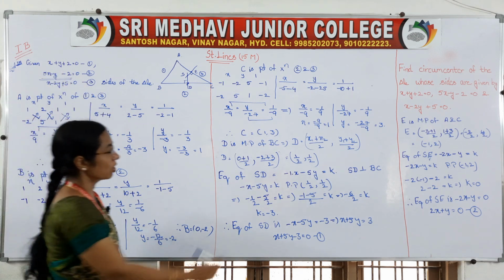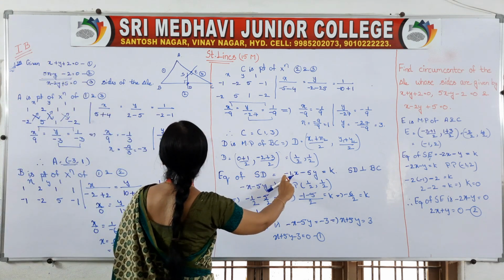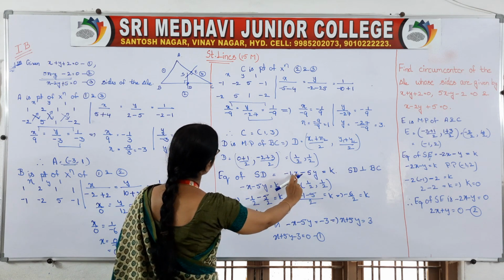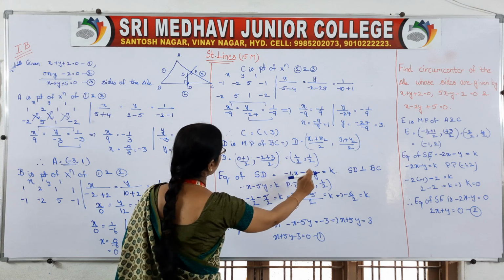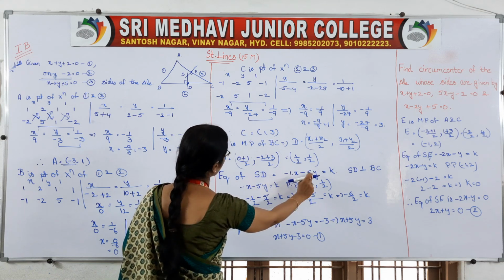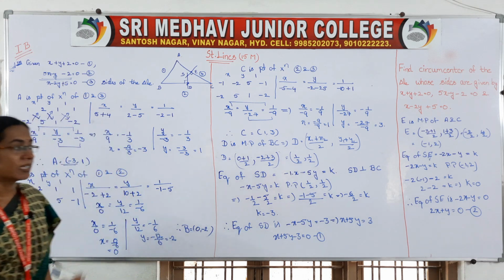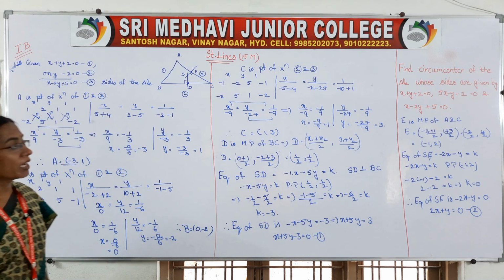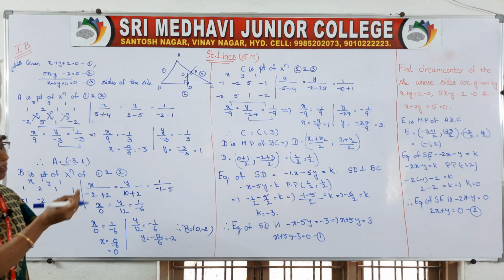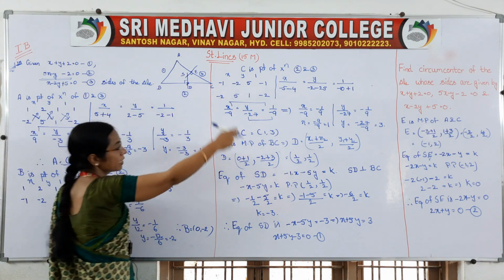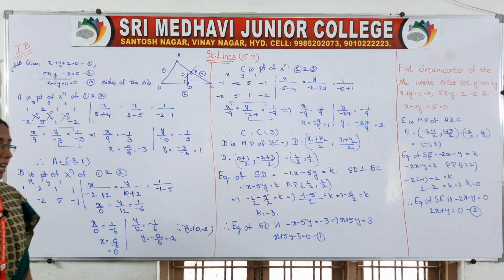If you observe, the y coefficient is minus 1 and the x coefficient is 5. So the y coefficient comes with x and the x coefficient 5 goes with y. In the middle we will have a minus sign, equal to k. Since the SD line is perpendicular to BC, that's why we write like this.